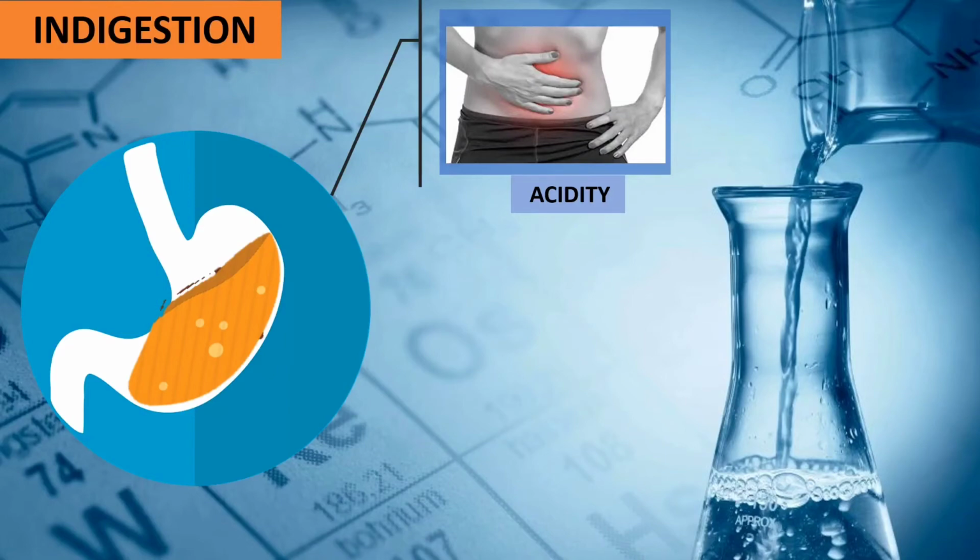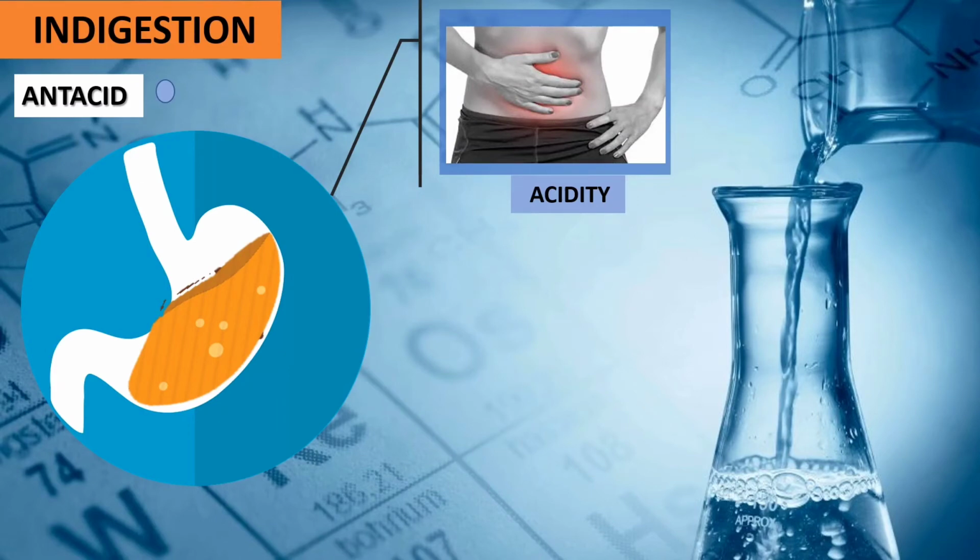So to reduce the effect of acidity, the doctor tells us to take antacid, or eno, or sometimes some people take soda. Even milk of magnesia helps sometimes. Let us see what this antacid does.